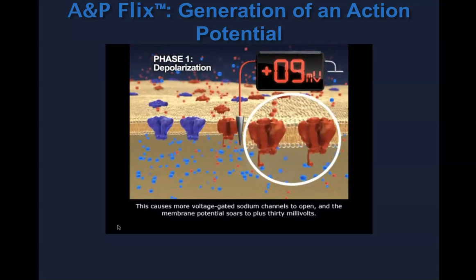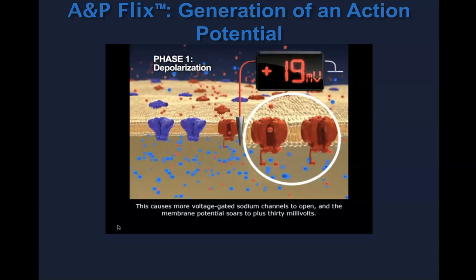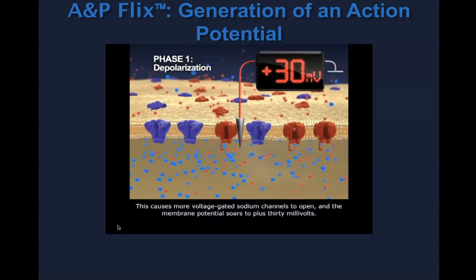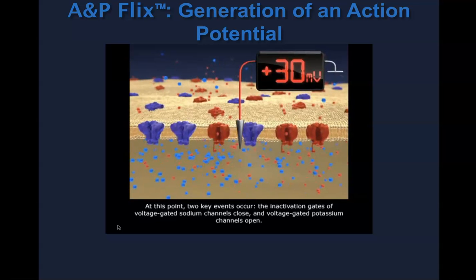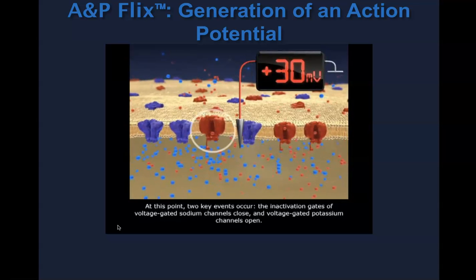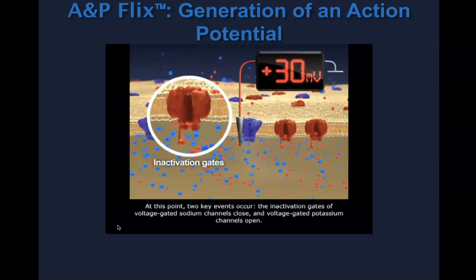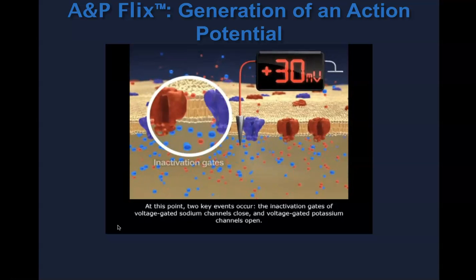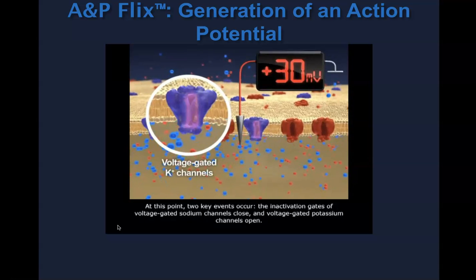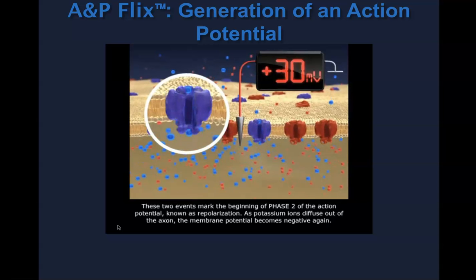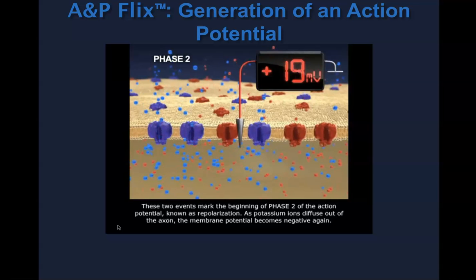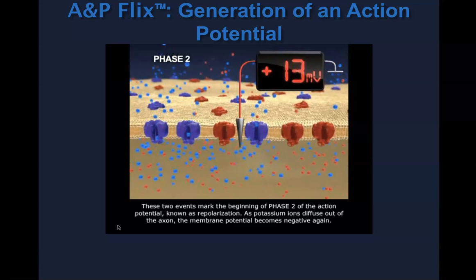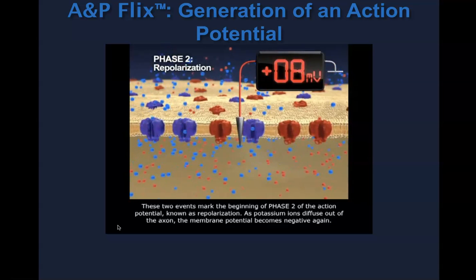This causes more voltage-gated sodium channels to open, and the membrane potential soars to plus 30 millivolts. At this point, two key events occur. The inactivation gates of voltage-gated sodium channels close, and voltage-gated potassium channels open. These two events mark the beginning of phase 2 of the action potential, known as repolarization.